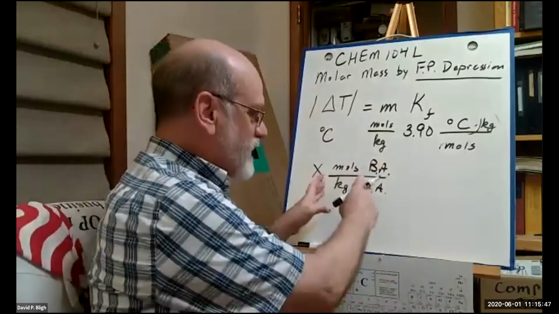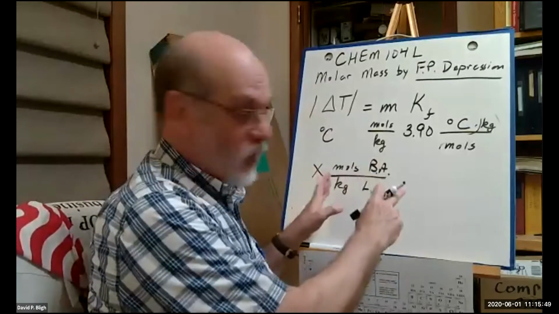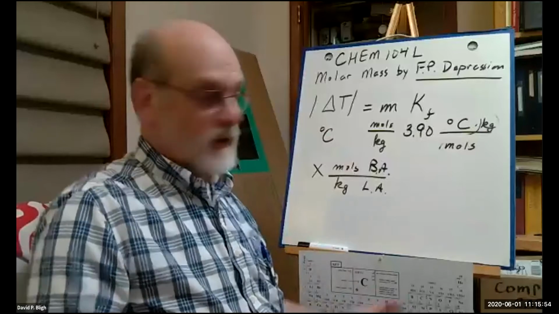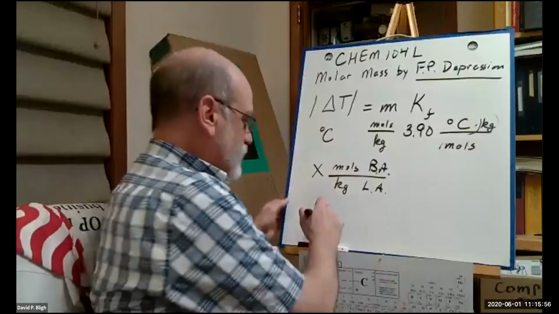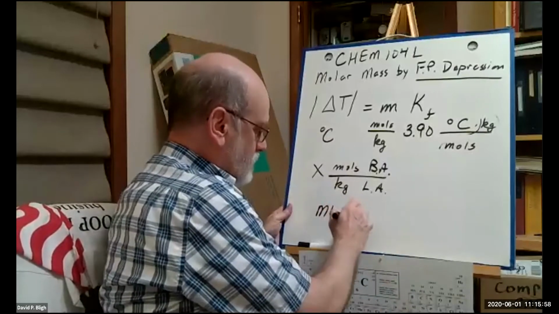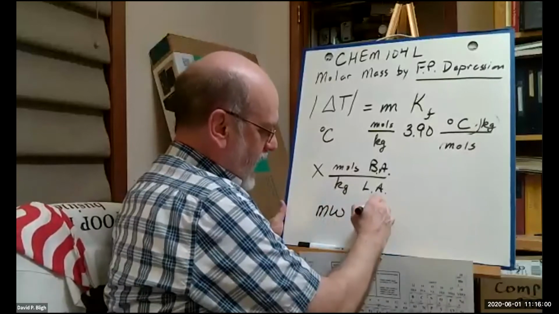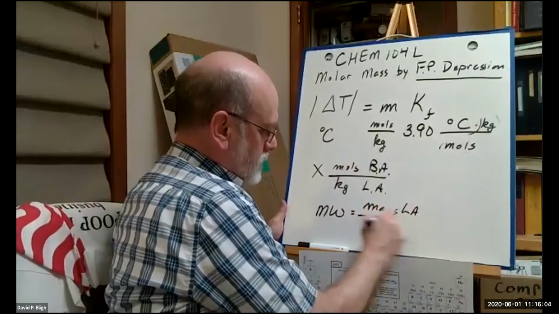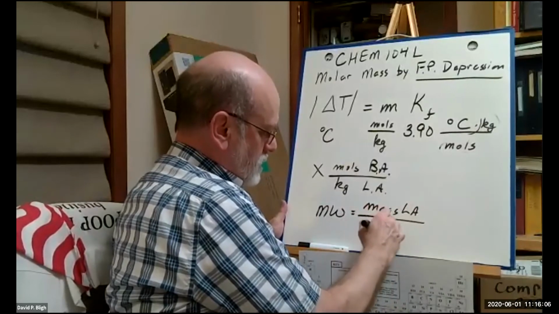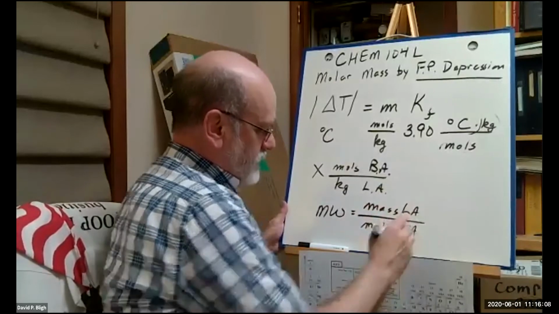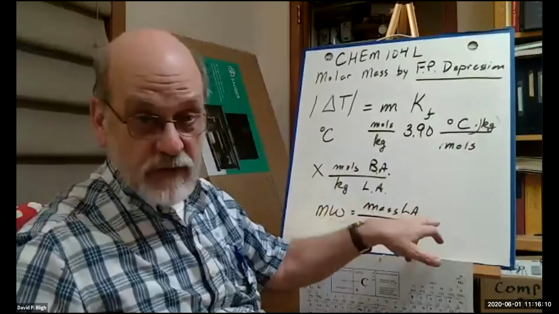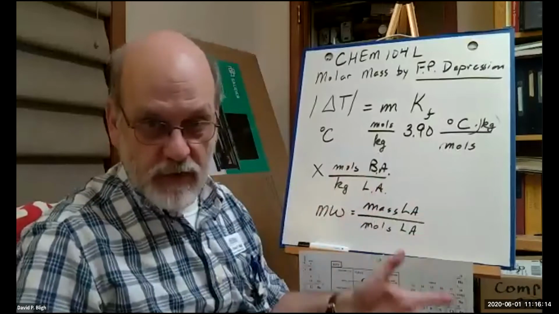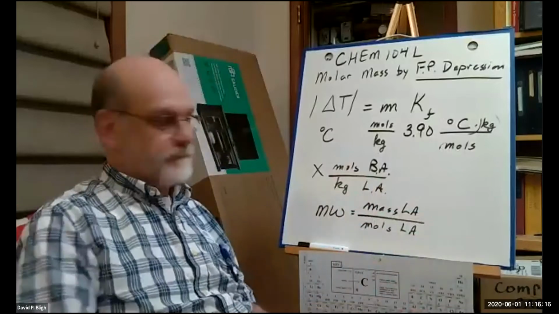If we multiply this times the kilograms of lauric acid, we get moles of benzoic acid, don't we? So we just go back up to our molecular weight, where we know the mass of benzoic acid and the moles of benzoic acid. We got the mass already. We just calculated the moles, plug it in, there's your answer. All right.